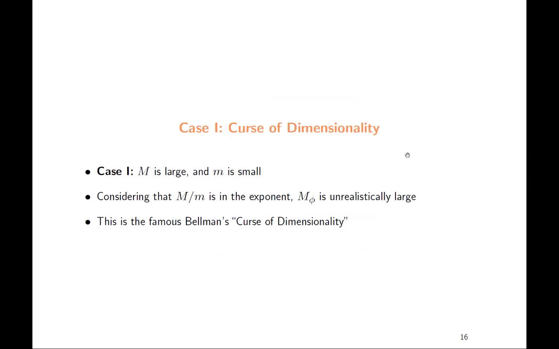And then there are different cases, of course. So if m is large, so the number of input dimensions is large, and the smoothness is low, so that's a very unsmooth function, then a large m divided by small m, which is in the exponent, is large, and m phi, the number of required basis functions, is exponentially large, unrealistically large.